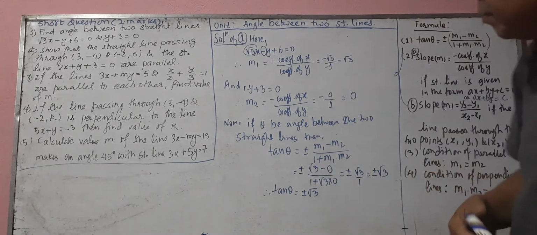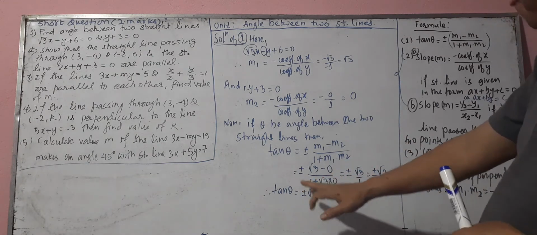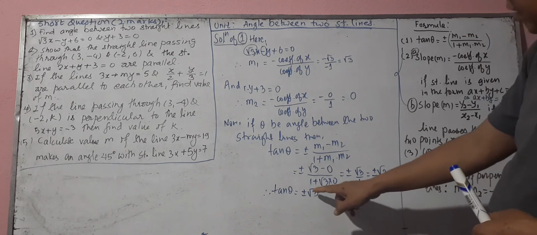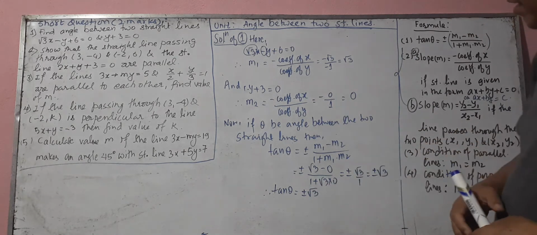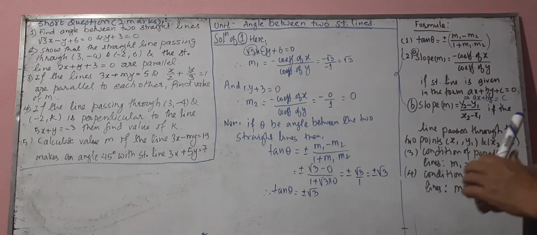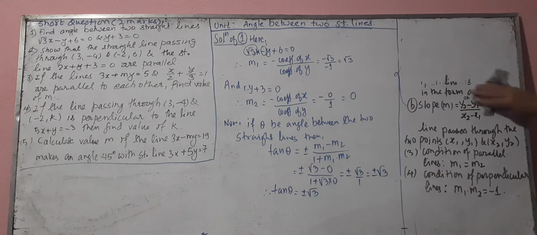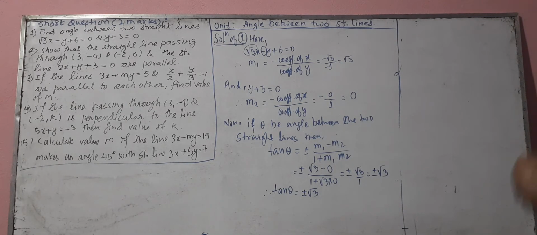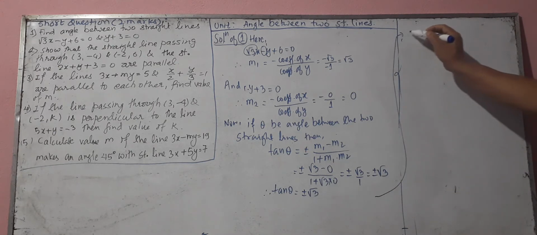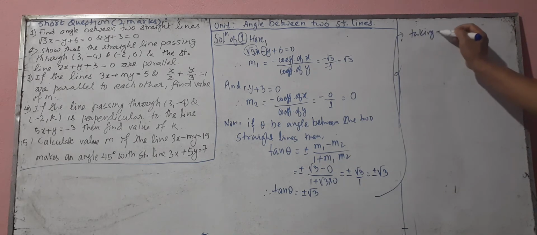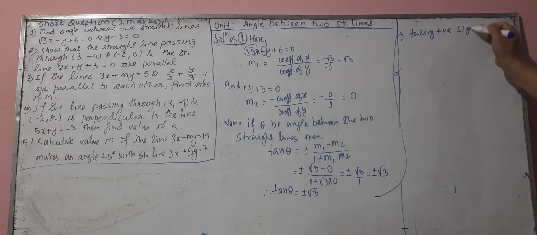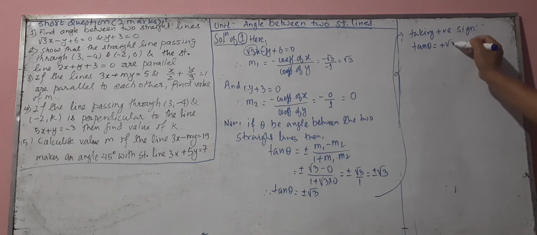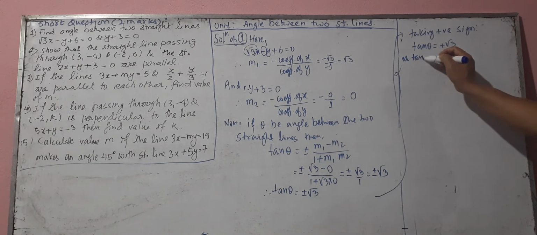Then we have to find the angle between the two lines, this theta. There are two signs, positive and negative. First of all, taking the positive sign, we get tan theta equals plus root 3.